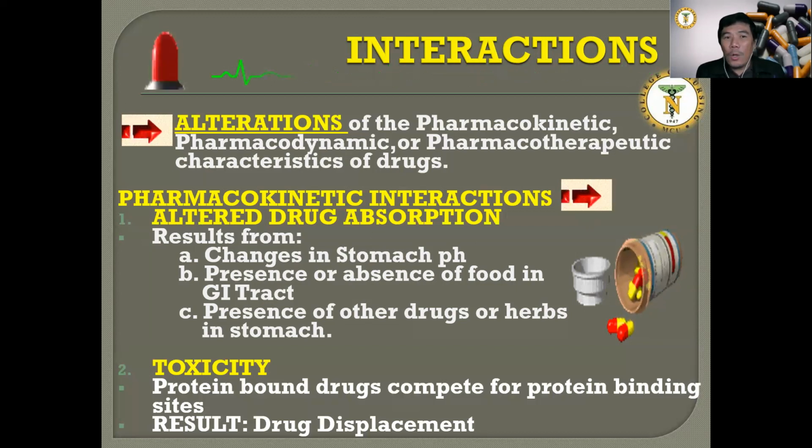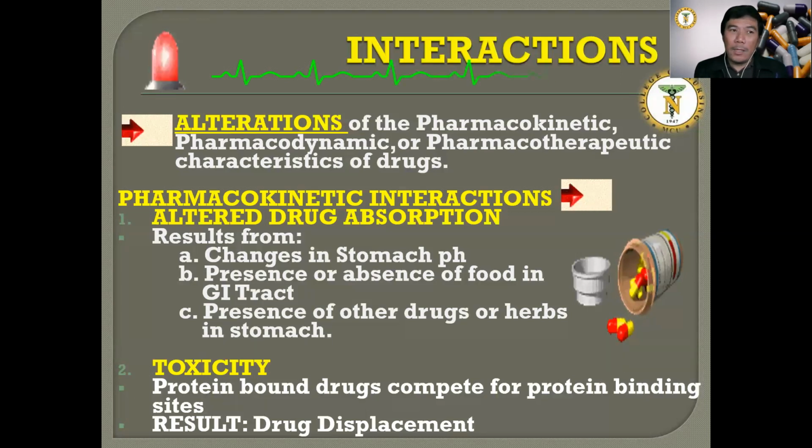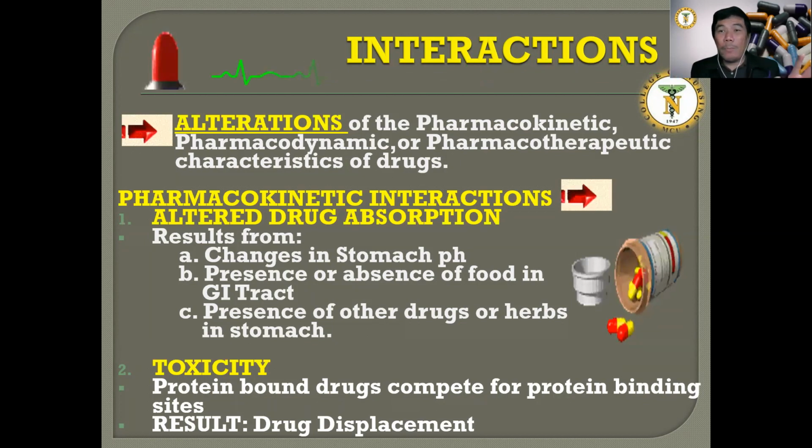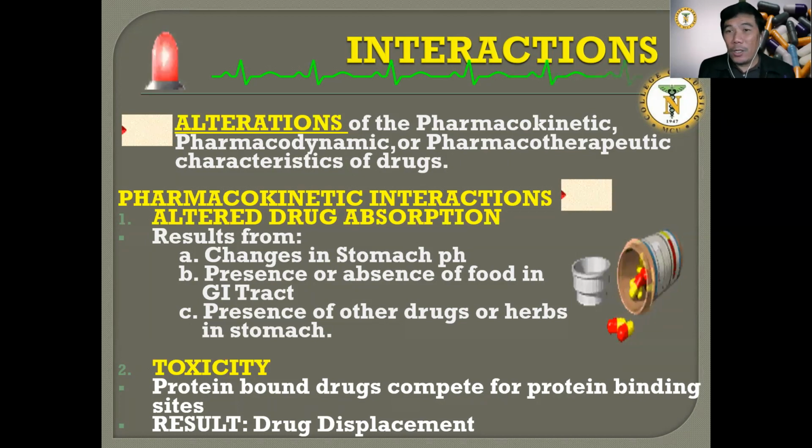So another concept of pharmacokinetic interaction is toxicity. So if we say toxicity, remember class, during the time that we discussed distribution, the protein binding factors are very important so that it could be effectively distributed to different compartments. Yung sinabi natin, intercellular, extracellular compartments, to various fluids in the body.